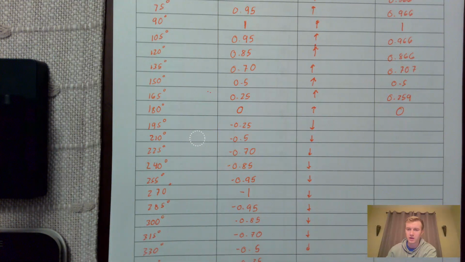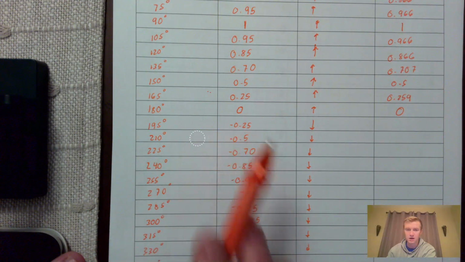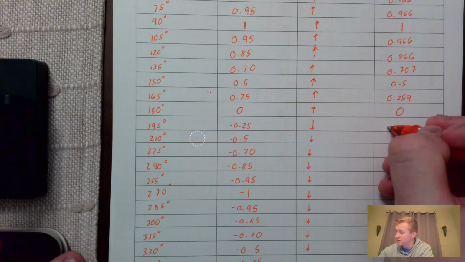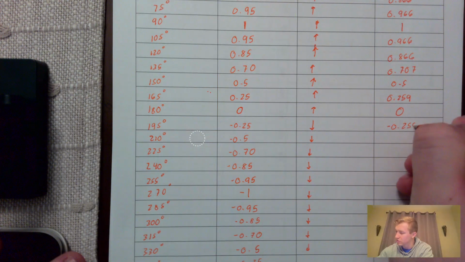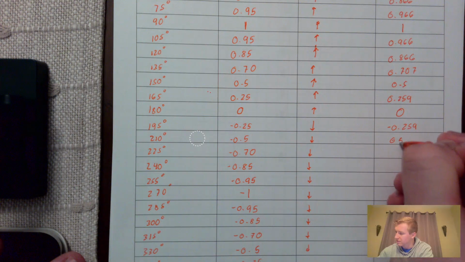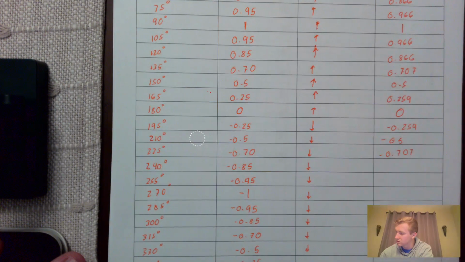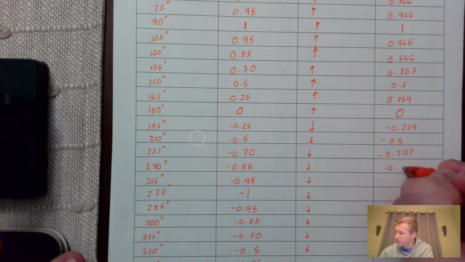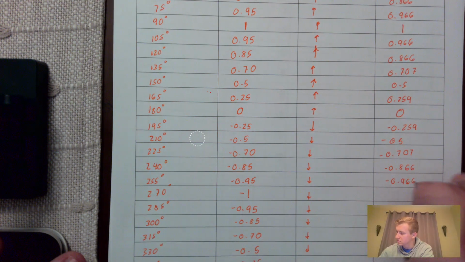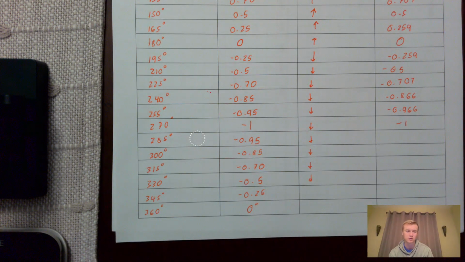Alright, and then once we get to 180, as you can see, we start going negative again, so we're just going to have the negative values in reverse. So negative 0.259, negative 0.5, negative 0.707, negative 0.866, and then negative 0.966, and then the value of negative 1. So again, we reach that bottom part with the Ferris wheel, where we're the furthest below ground, opposite of 90 degrees, where we were all the way above, and then we're just going to come back up to the surface.